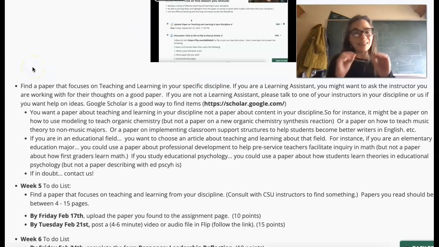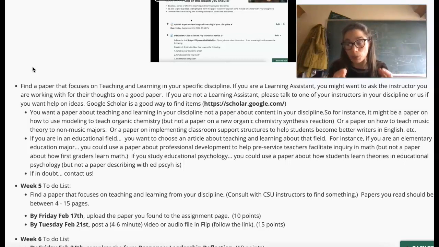Now, this might be a little different in an educational field, so bear with me for a second. You want to choose an article about teaching and learning about that field. For instance, if you're an elementary education major, you could use a paper about professional development to help pre-service teachers facilitate inquiry in math. But you wouldn't want to do a paper about how first graders learn math.